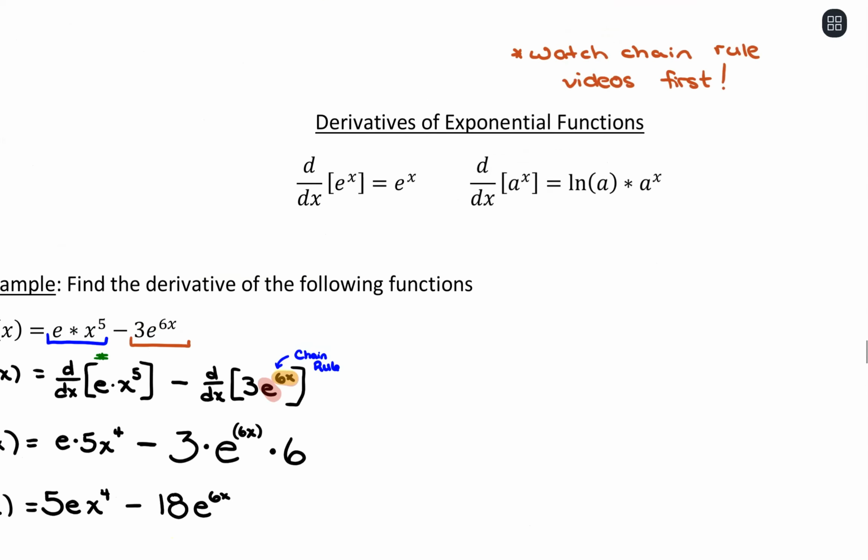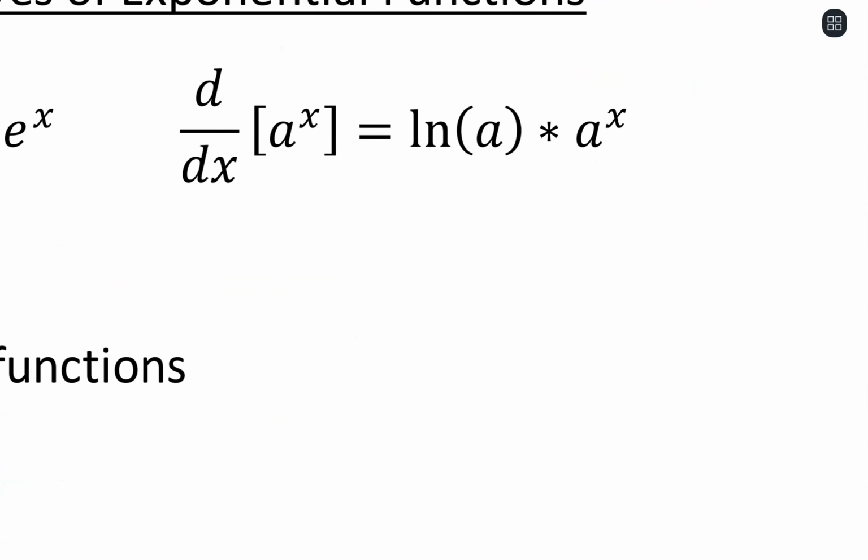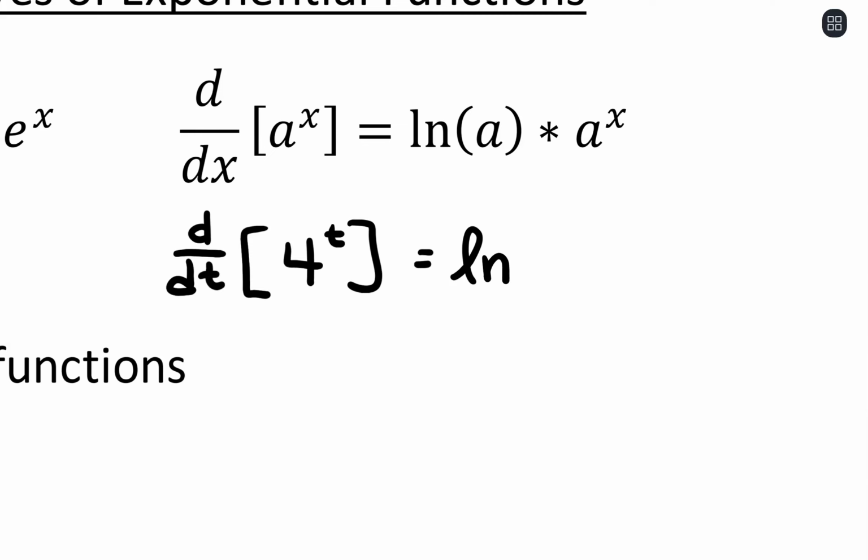So if we go back to our rule at the top of the page, if we're taking the derivative, dx dt, of 4 to the power of t, what we're going to have is the natural log of the base. So we're going to have natural log of 4, and then times keeping that base of 4, and the exponent of t.